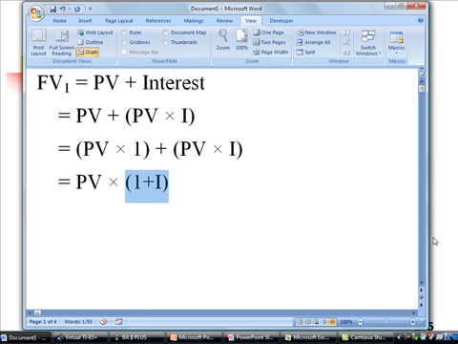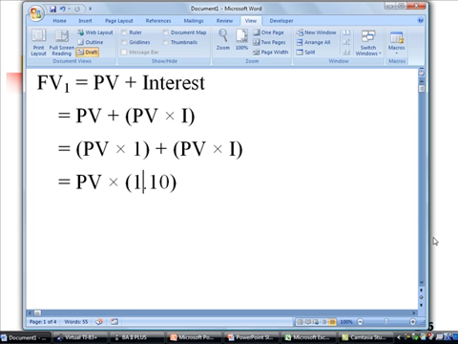In this case, the interest rate was 10%. And in decimal form, that's going to be 0.1. So in this special case, that would have been an interest rate of 0.1. And so you could have written it this way: the present value times 1 plus 0.1. Now in reality, you should realize that that's just 1.10, and I want you to get to the point where you can do that conversion almost without thinking about it.